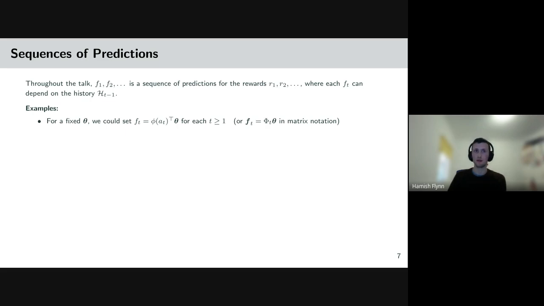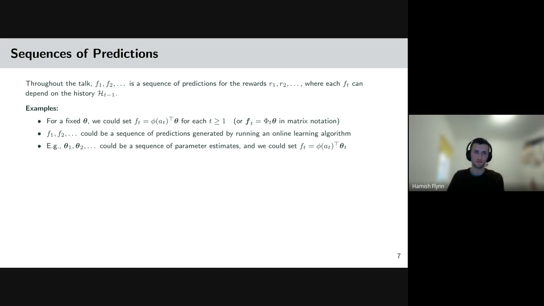Or, using the matrix notation, we could write this as bold f_t equals Phi_t times theta. Since we can choose any predictable sequence, we could be a bit fancier and use an online learning algorithm to produce a sequence of predictions, f1, f2, and so on. If you prefer, you could use a linear online learning algorithm to produce a sequence of parameter estimates, theta_1, theta_2, and so on, and then set f_t equal to phi of A_t times theta_t.